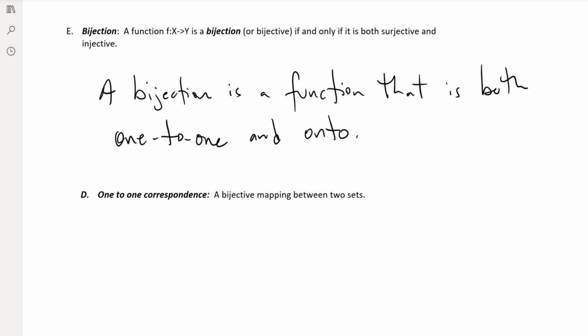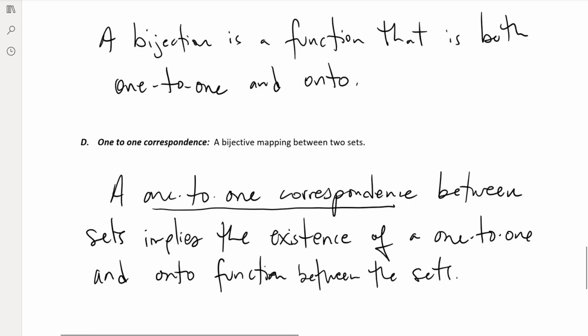And so there's a very subtle difference between when you say one-to-one functions and when you describe a one-to-one correspondence. To say there's a one-to-one correspondence says more than just that you have a one-to-one function. It means that you have a one-to-one and onto function, an injective and surjective function. So a one-to-one correspondence between sets implies the existence of a one-to-one and onto function between the sets.